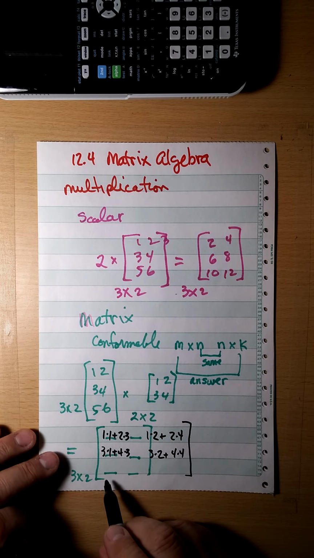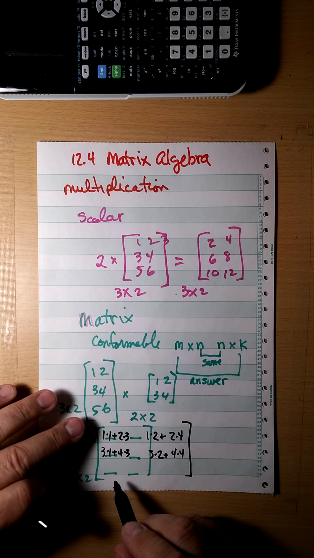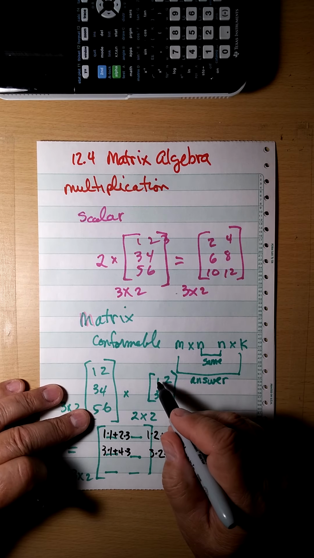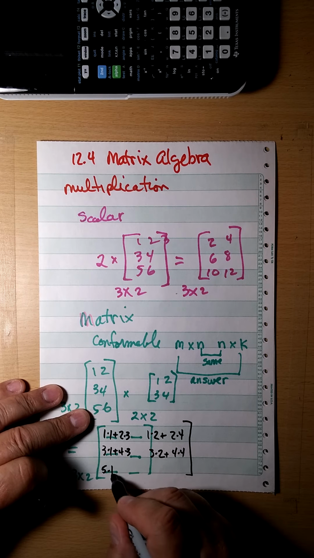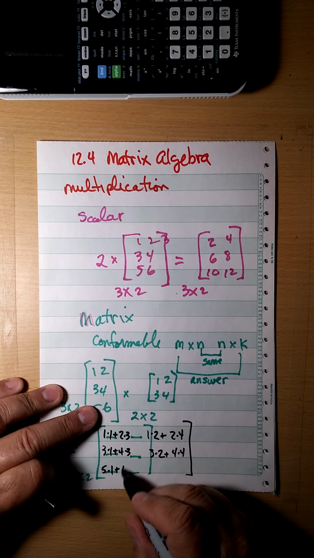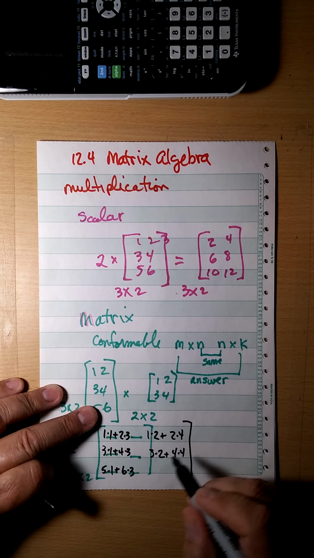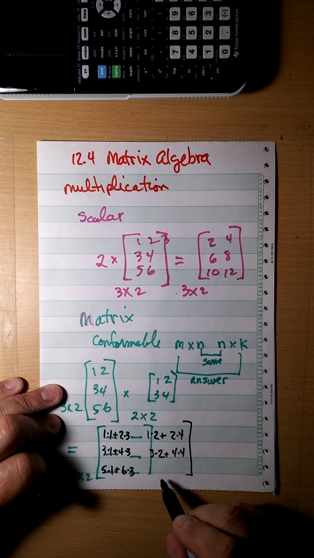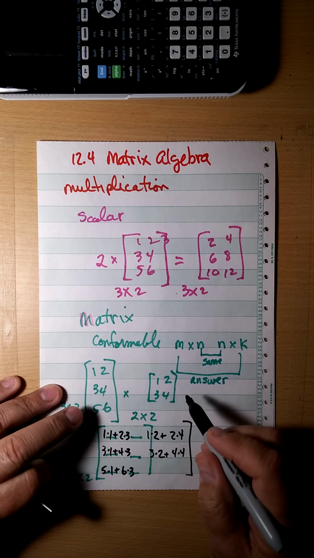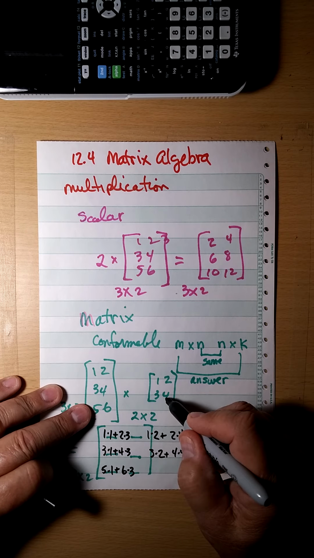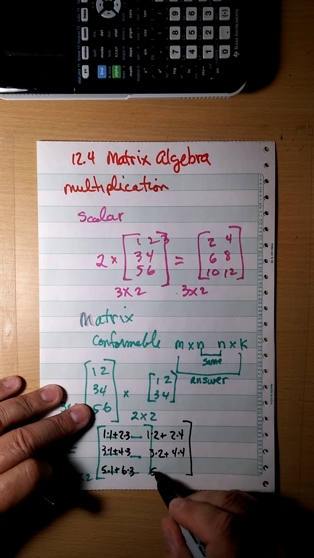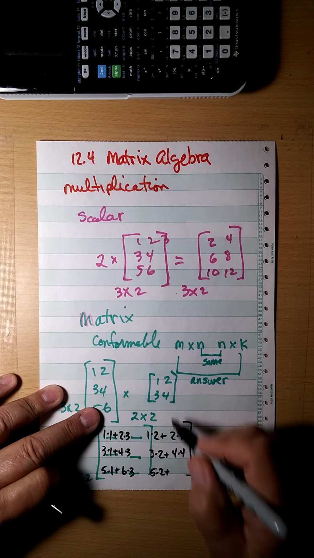To find the entry for the third row, first column, use the third row and the first column: 5 times 1 plus 6 times 3. And to find the entry for the third row, second column, use the third row and the second column: 5 times 2 plus 6 times 4.